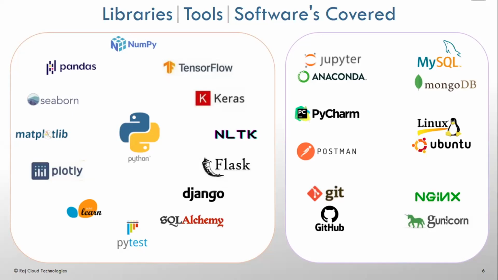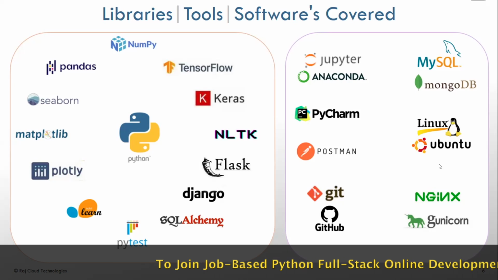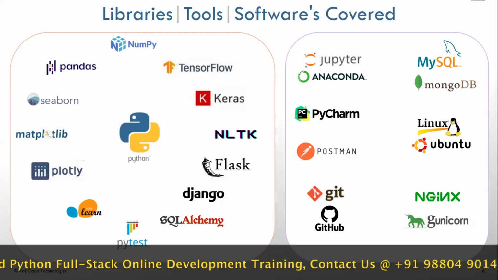And Nginx and Gunicorn are for hosting the applications and balancing the load, routing to multiple servers. You can deploy Flask or Django and route to multiple servers. Usually Nginx, Gunicorn, and Python applications are hosted on an Ubuntu Linux server, so we'll also be learning to host applications on an Ubuntu Linux server.